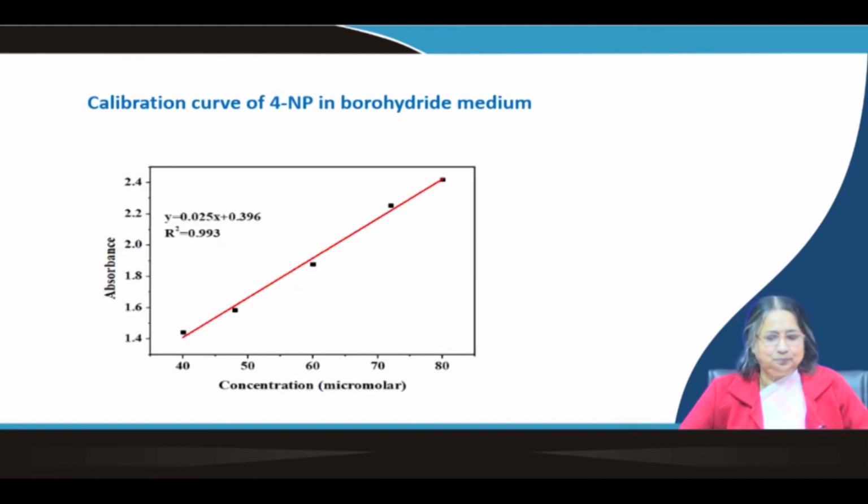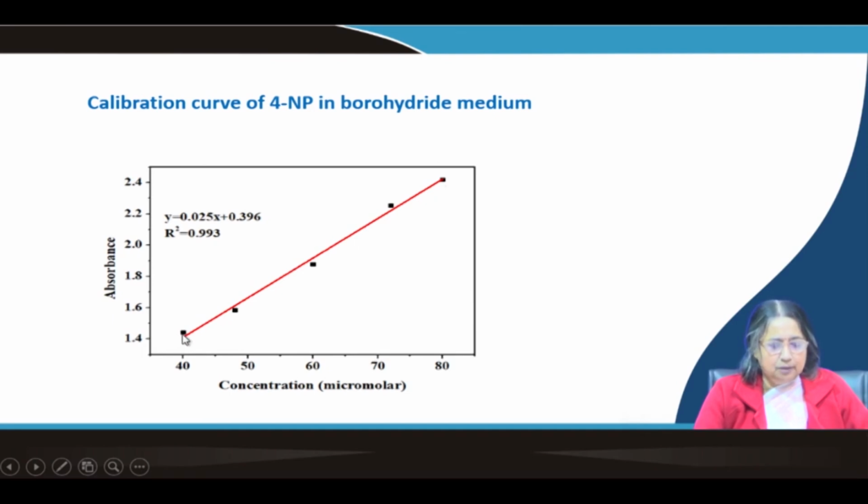Then what will we do? Before that, to know the concentration, I told you that we have to do some calibration curve. This is the calibration curve of 4-nitrophenol, actually 4-nitrophenolate in borohydride medium. You can see here the absorbance values with different concentrations of 4-nitrophenol that we have taken, and we plotted it to get a calibration curve.